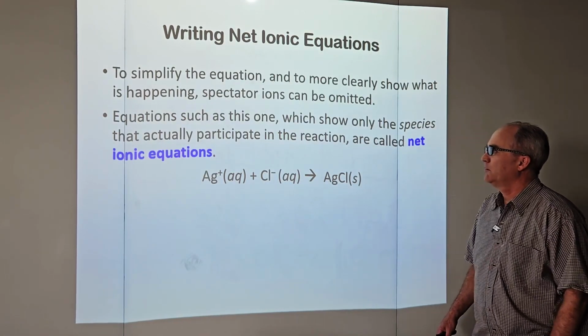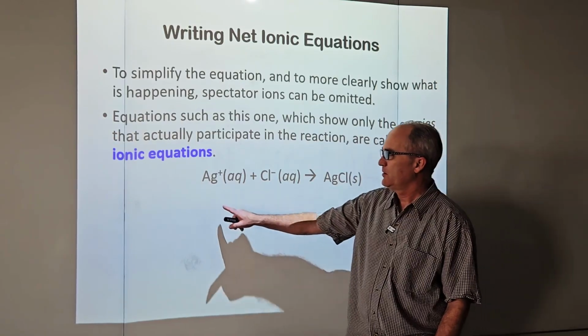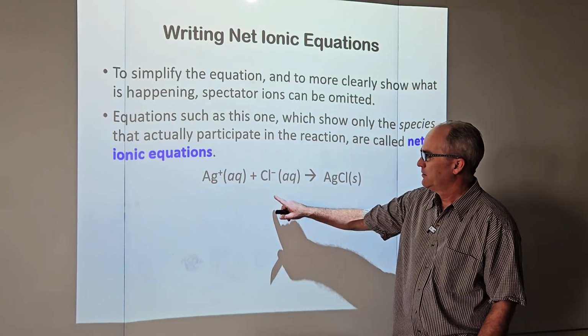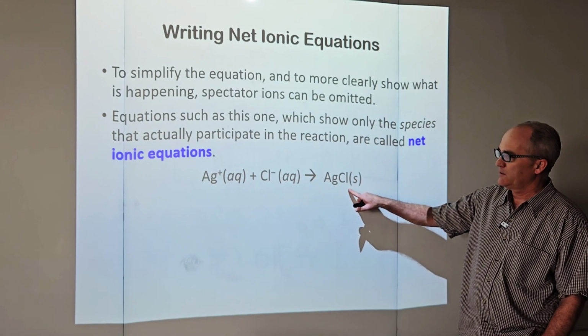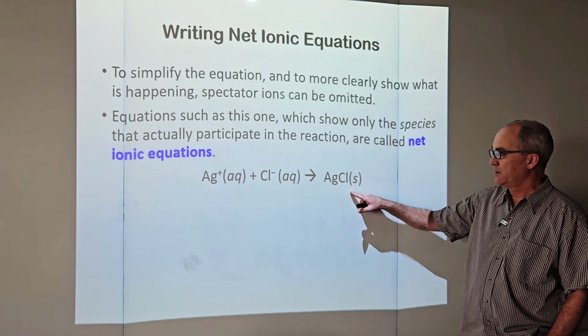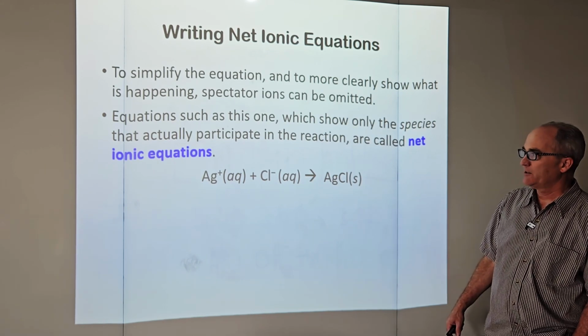And when we do that, what we have is called the net ionic equation. So here's the silver cation and chloride anion; they find each other in solution, stick together due to their opposite charges, slough off solvent and sink to the bottom as a precipitate.